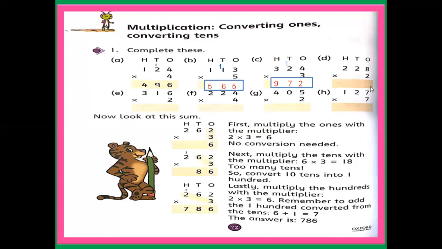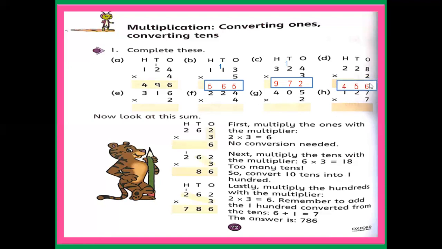D part. 228 multiply 2. 228 mean 200, 2 tens and 8 ones. So 228 multiply 2. So 2 eights are, read the table of 2. 2 ones are 2, 2 twos are 4, 2 threes are 6, 2 fours are 8, 2 fives are 10, 2 sixes are 12, 2 sevens are 14, 2 eights are 16.